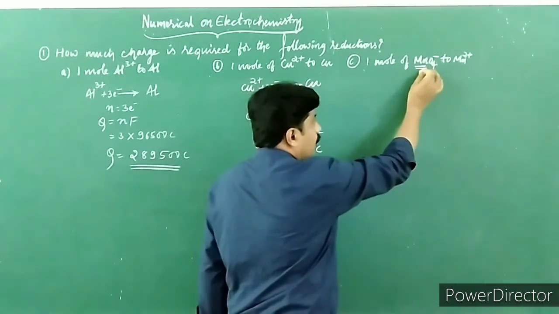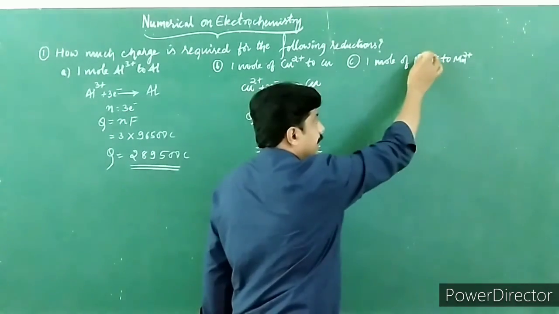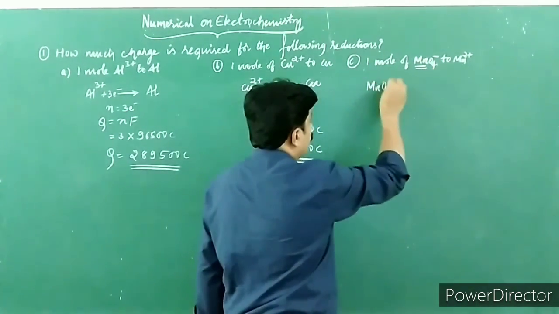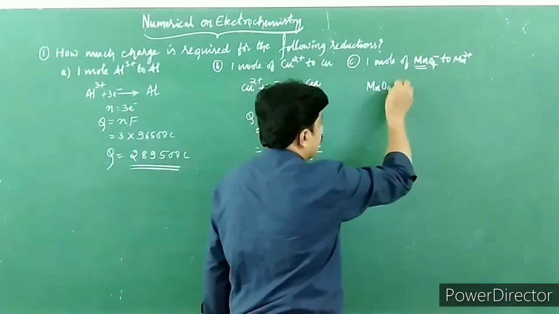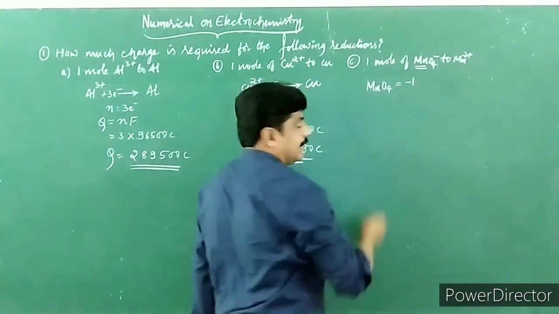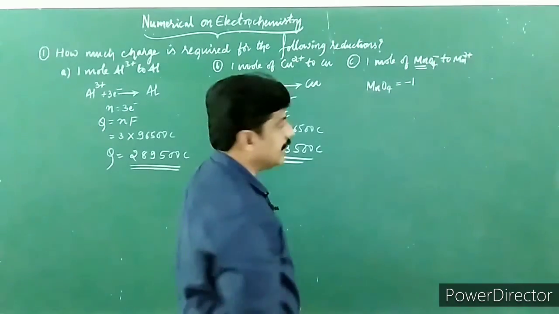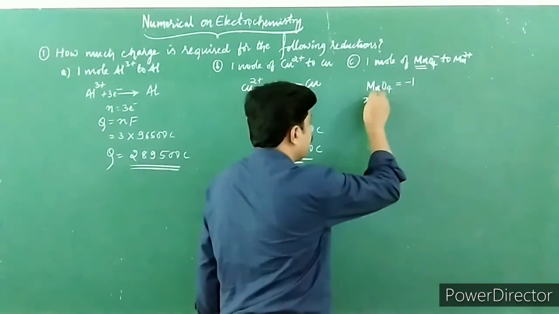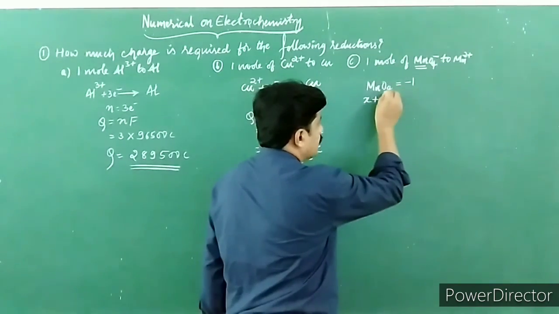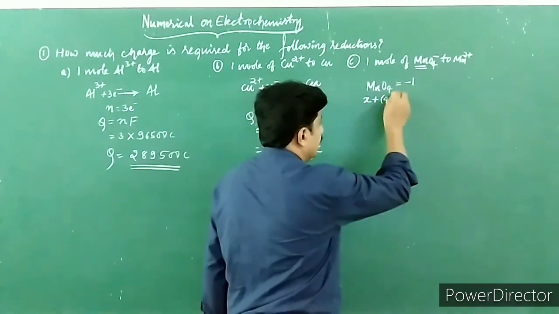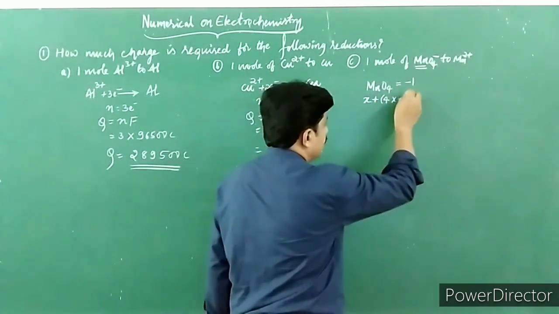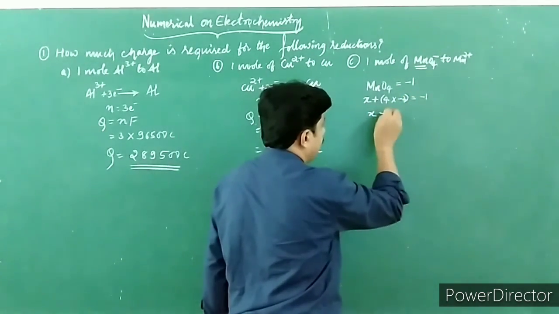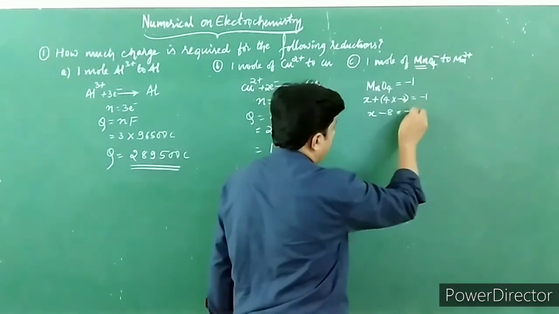First, we need to find out the oxidation state of Mn in this MnO4- ion. Look at here, the MnO4- ion charge is equal to -1. This you already learned in the 11th class. Let Mn oxidation state be x, plus oxygen, how many atoms are there? 4 into oxidation state of -2, that is equal to -1. x minus 8 is equal to -1.